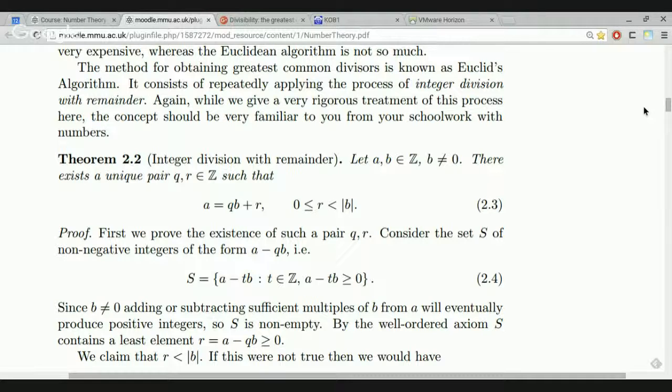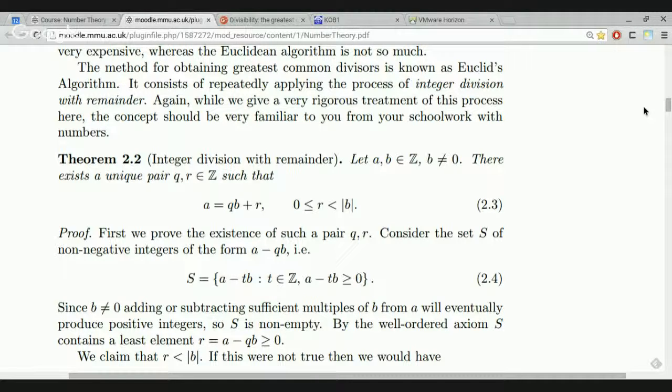Or another example would be the set of positive rational numbers that are strictly bigger than 1. Just look at all the rational numbers that are strictly bigger than 1, all the rational numbers you can find on the number line that live over here. Now, is there a smallest one of these?